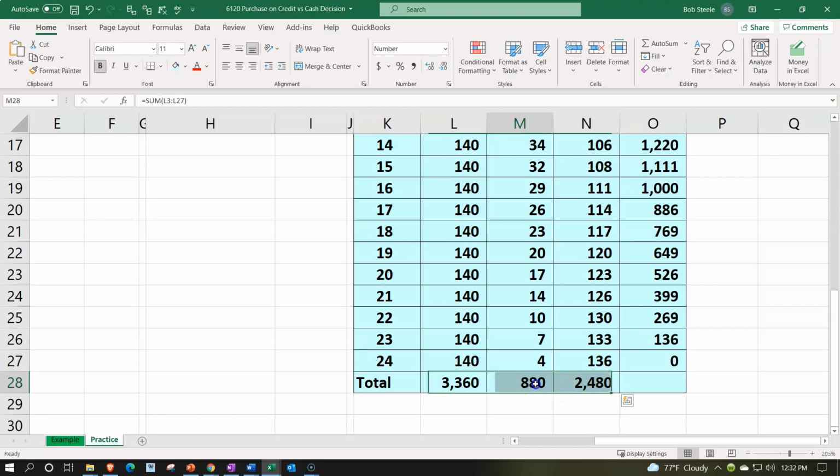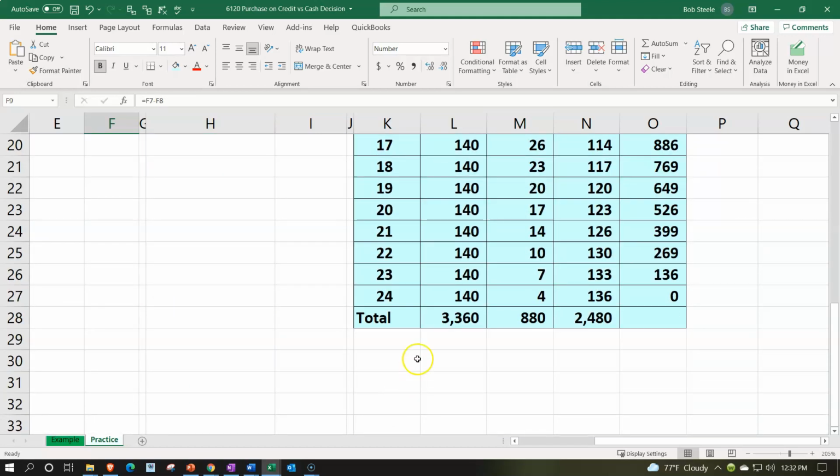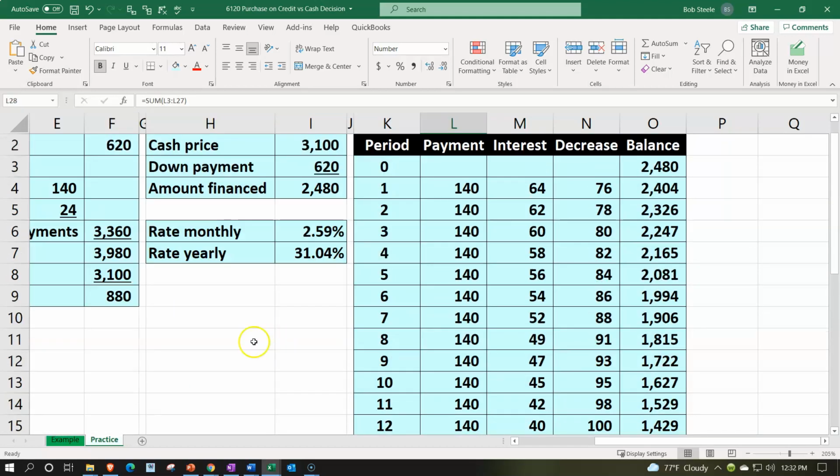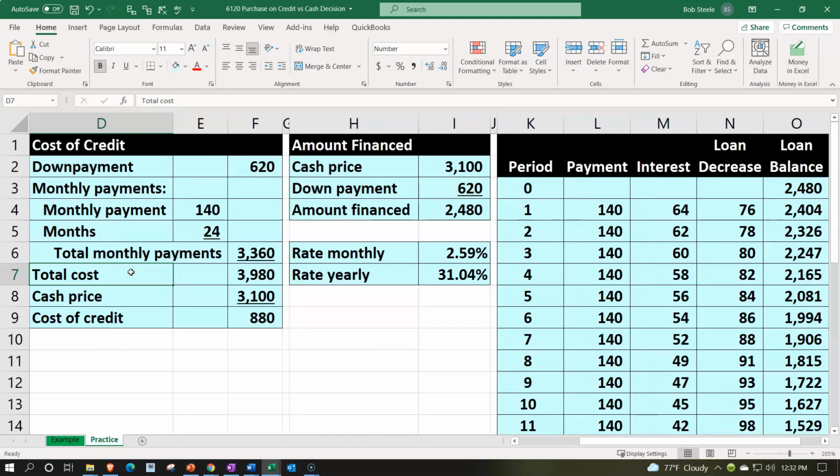And so here's our interest calculation. Once again, there's the 880 that we calculated here. So we could see it in that format: the interest that we're paying, and the total payments that we're paying, 3,360, which equals the total of the monthly payments that we made, 3,360, plus these 620. So those are a couple ways you can look at it.